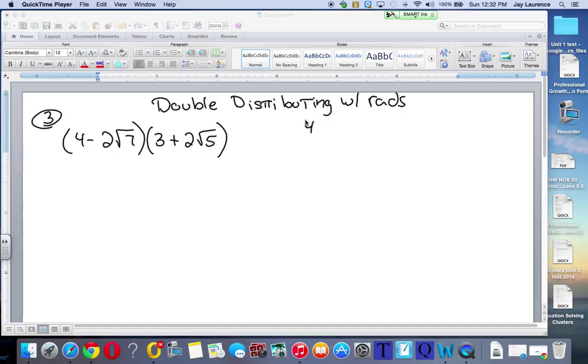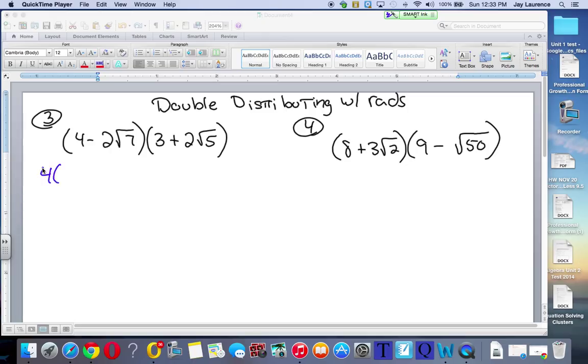And then example 4, we will do 8 plus 3 rad 2 times the quantity of 9 minus, let's see here. Well, let's go with rad, no, not rad 20, not rad 2, sorry about that, rad 50. Yeah, let's go with rad 50. Okay. So I'm going to do number 3, and then we're going to call it quits. 3 and 4, that is.